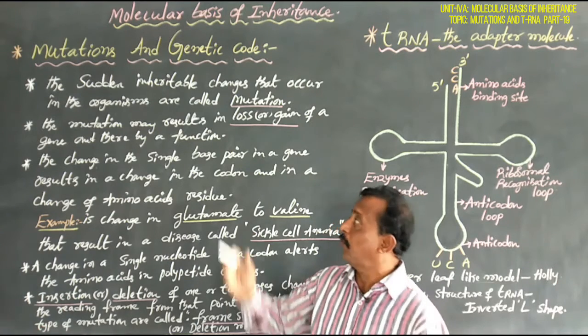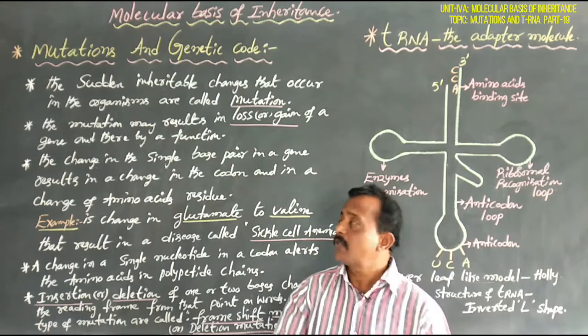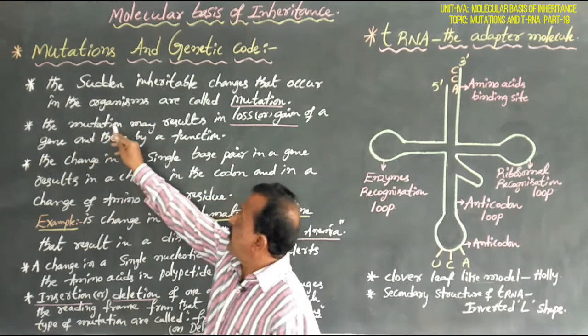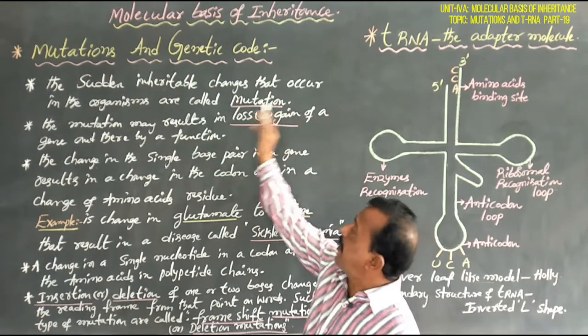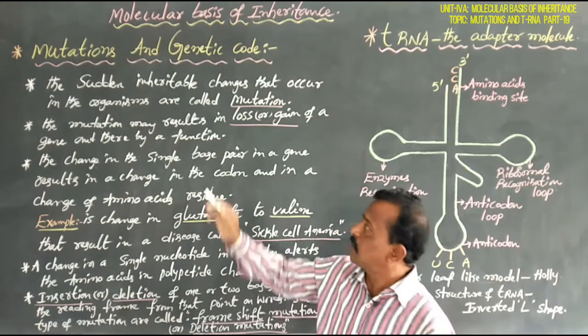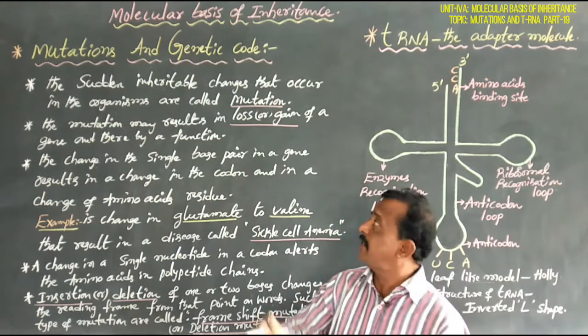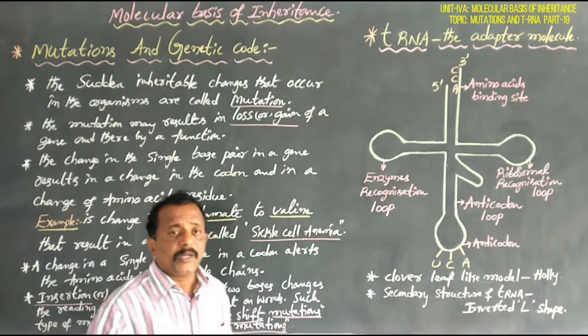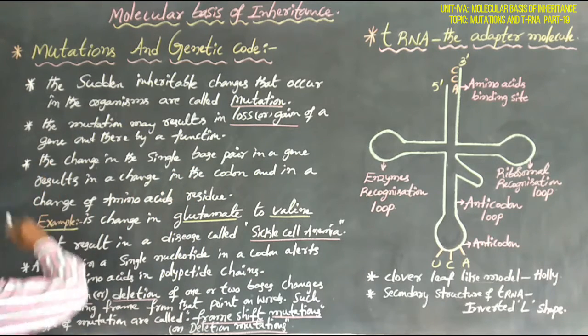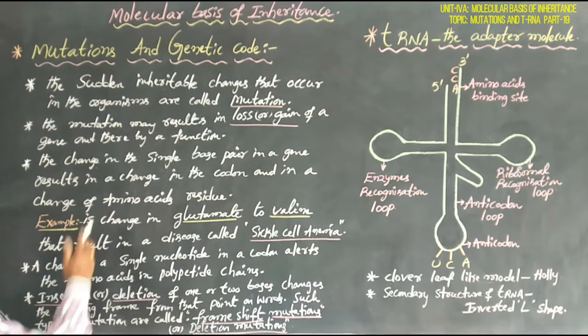What are the effects of mutations? A mutation may result in loss or gain of a gene, or loss or gain of chromosome numbers, and thereby a function.